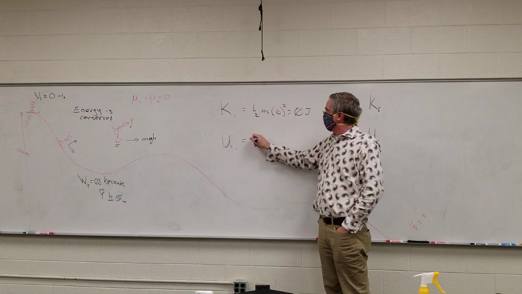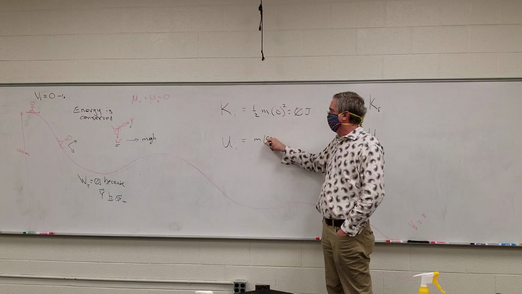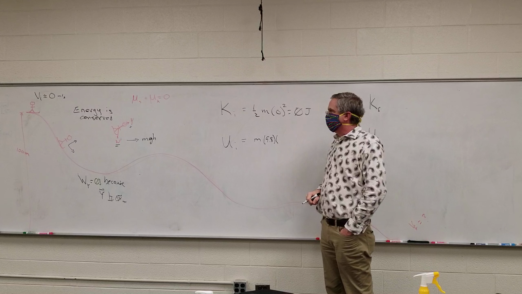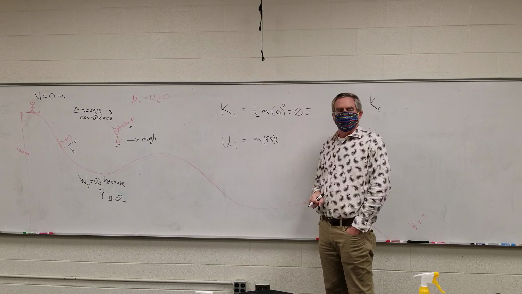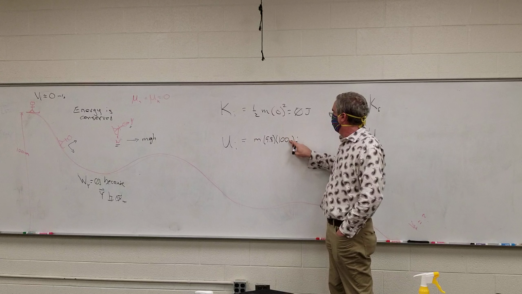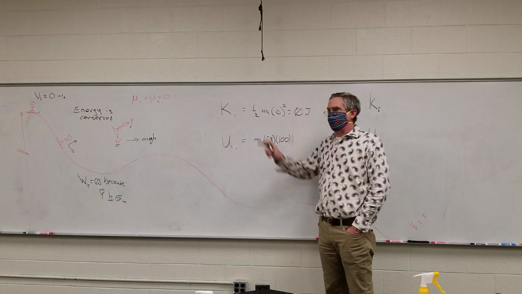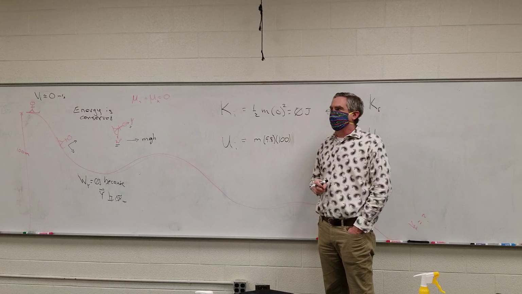So mgh, my mass is m times 9.8. What's my initial height? 100 meters. All right, it has now been established. What did Rebecca just establish when she said that was 100 meters initially? The ground is 0.